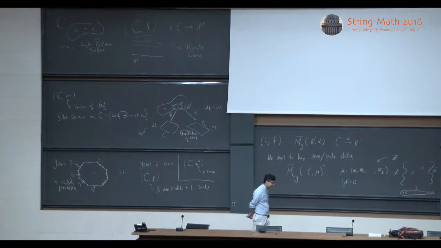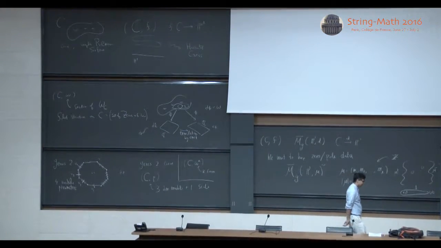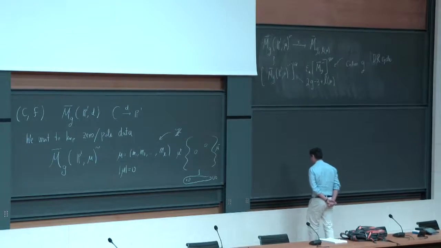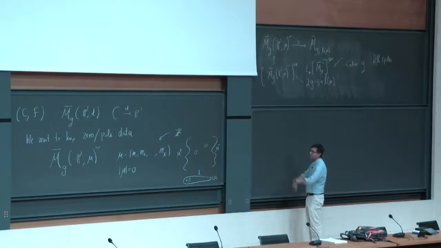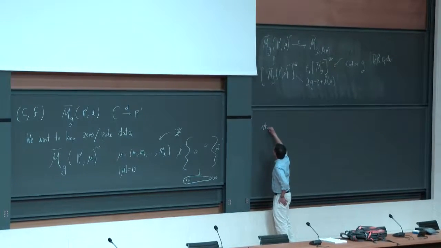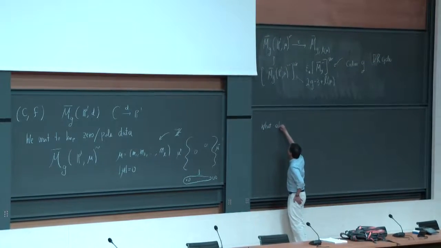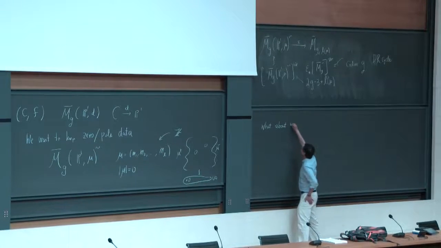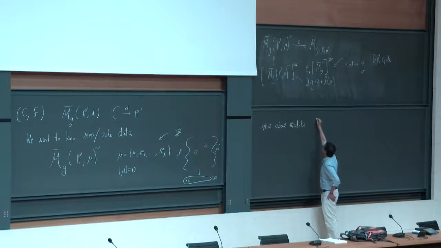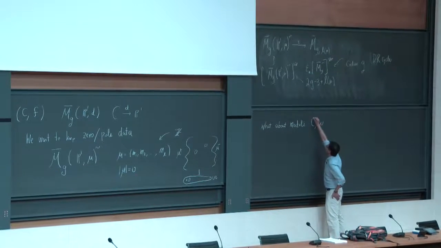But it hasn't had as much development from the point of view of the study of moduli. On the other hand, there has been a stream of activity, so I'd like to summarize a little bit of that now. So what about the moduli problem, C in a holomorphic differential?